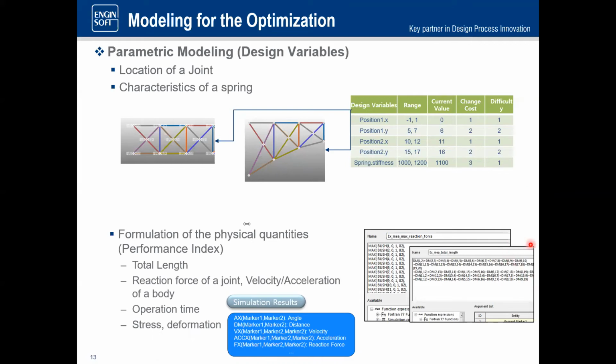So in order to define these physical quantities for the outputs, this is for the performance index, we typically use expressions in Recurdyn. So this expression here goes through and adds up all the lengths of all the different members in this bridge.